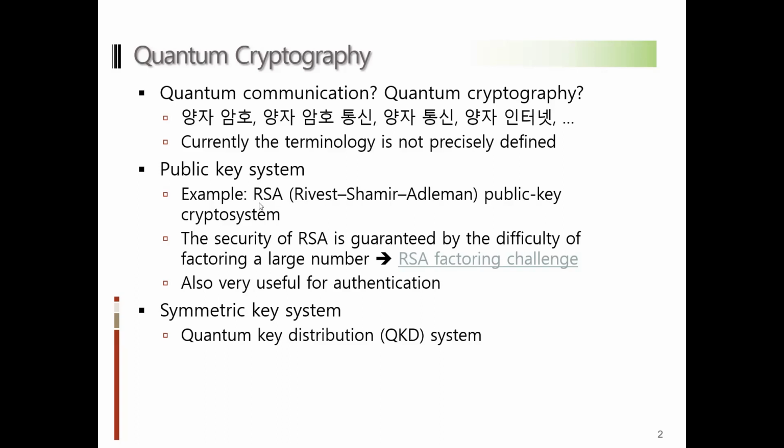One of the interesting features of the RSA algorithm is that the security of RSA is guaranteed by the difficulty of factoring a large number. And now I showed you that Shor's algorithm is expected to factor very large numbers much faster compared to the classical computer.